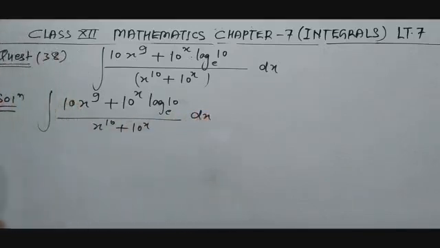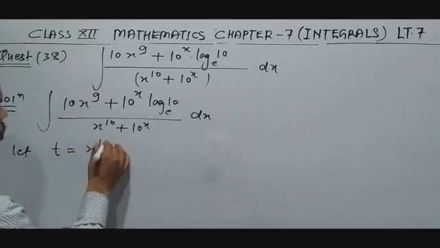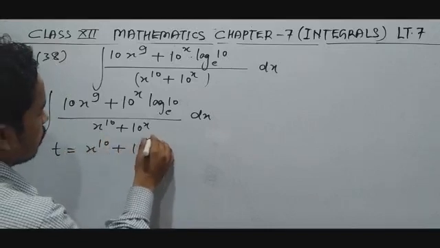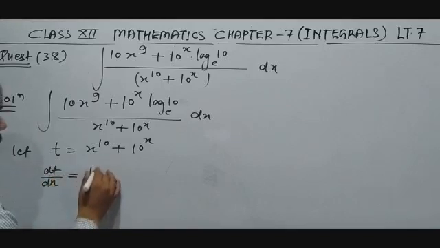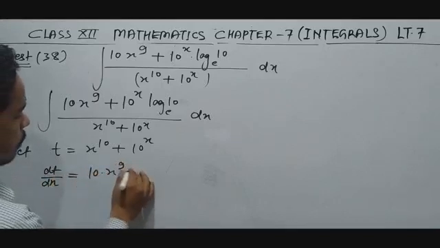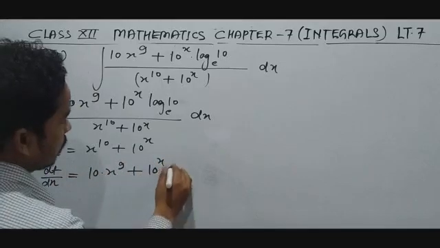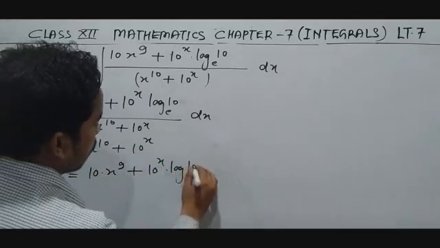Now in this question, I will suppose t is equal to x to the power 10 plus 10 to the power x, and differentiate t with respect to x. The result will be 10 times x to the power 9 plus 10 to the power x log of 10 base e.